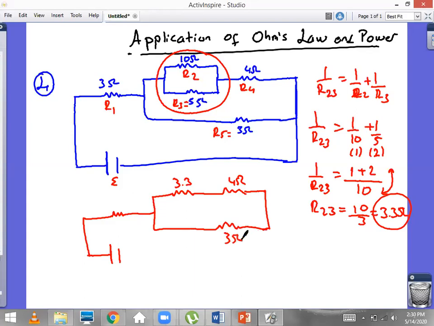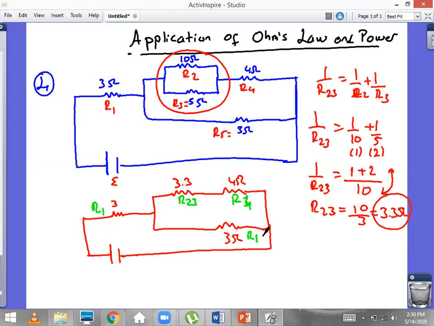Okay, so now the circuit turns into this. So again, this is R1, R2,3, this one is R3, this is R4, and this is R5.